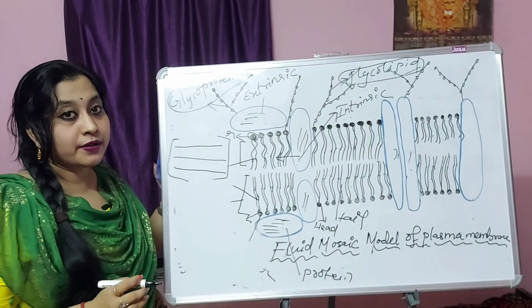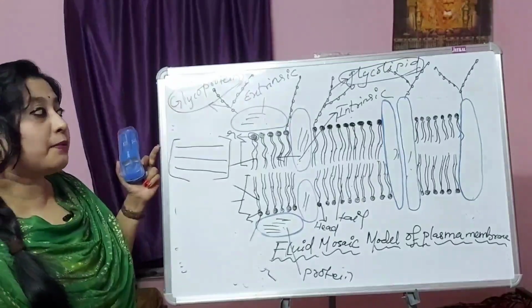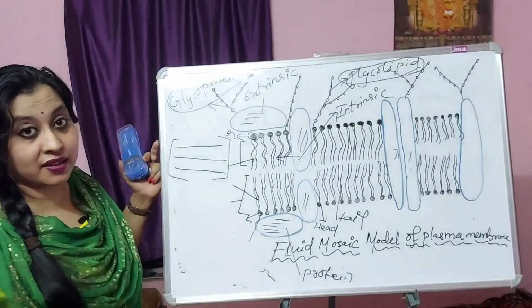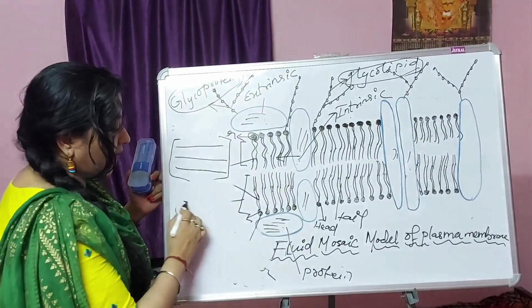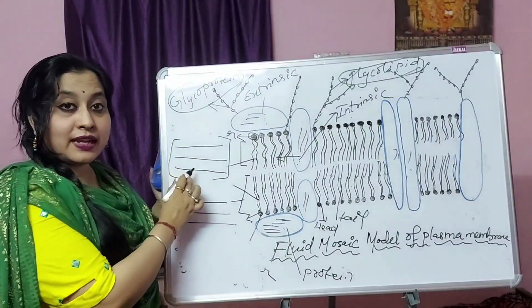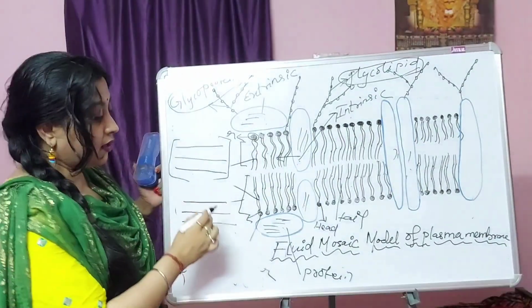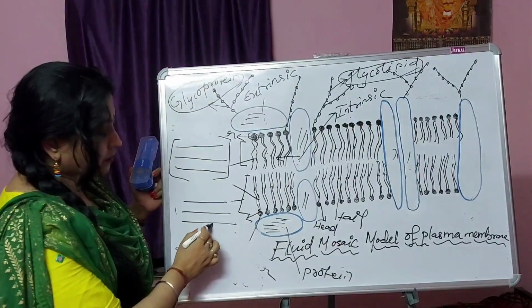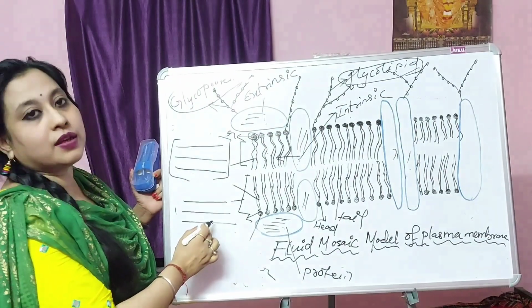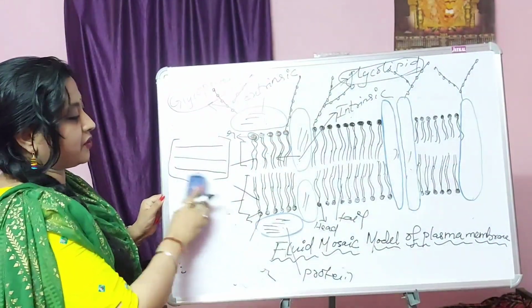Then Robertson put forth the trilaminar unit membrane concept: lipid, protein and lipid. Danielli and Davson gave the sandwich model, and Robertson gave the trilaminar unit membrane structure.